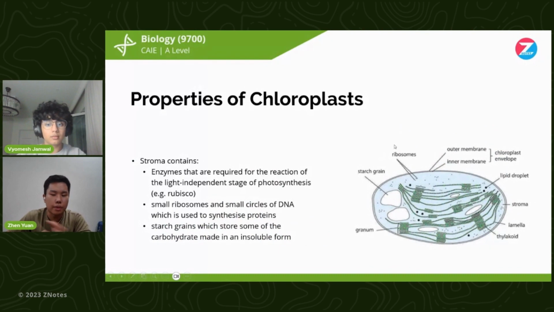First of all, we should take a real look at the properties of our chloroplast. What is in there actually? The fluid within the chloroplast we call stroma, and it contains the enzymes that are required for the reactions of the light-independent stage of photosynthesis, for example rubisco, which you'll learn later on.